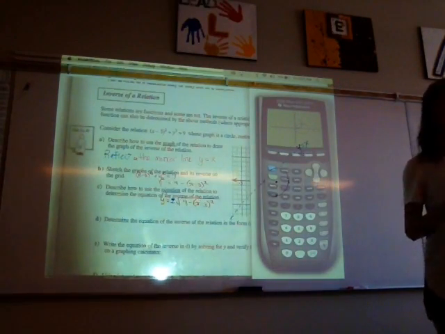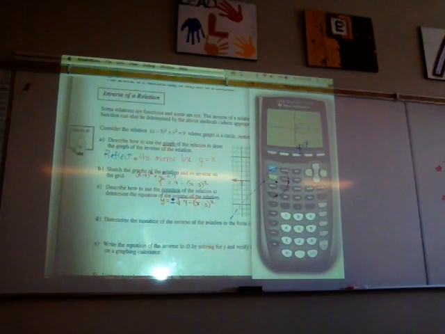We also need to take the inverse of the bottom half of the circle, or the negative half of the circle. So we'll quit out again, and we're going to go draw inverse, but this time we're going to use y2. So press y bars, over to y bars, 1 for function, and this time we're going to select y2.